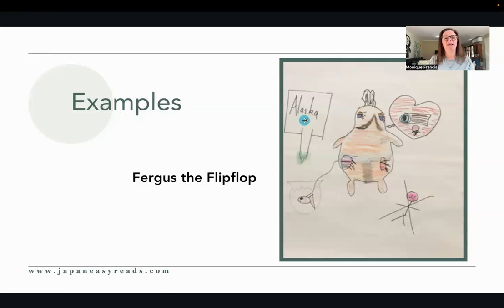Banana ni sunde imasen. Fergus wa petto ga imasu. Petto wa inu janai desu. Petto wa sakana desu. Sakana wa chisai desu. Etc. etc. Tomodachi ga imasen, I think was that.